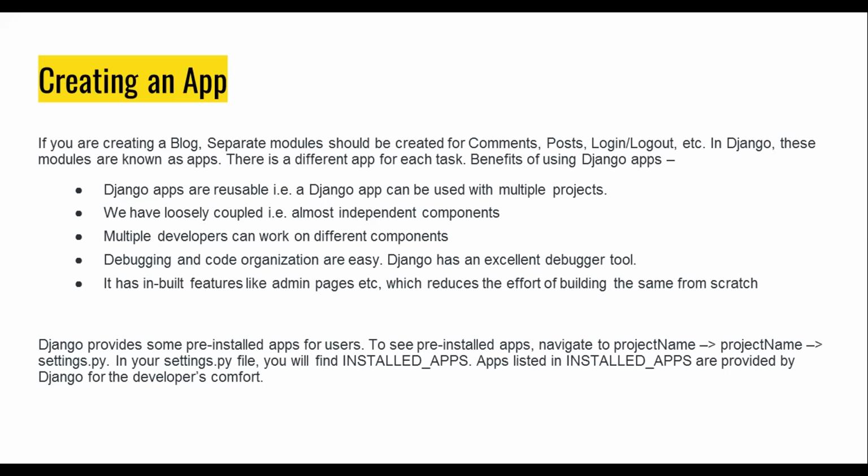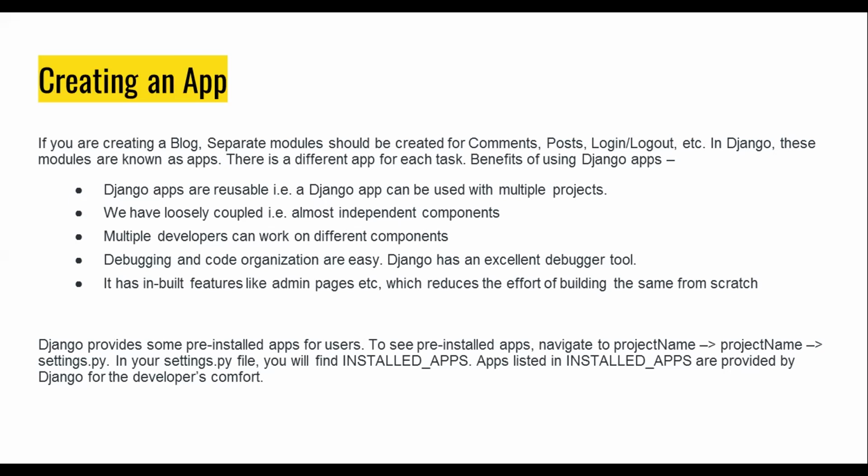That is the concept that we have here: a blog as a project and all these as apps. And these apps are reusable and loosely coupled. So whenever we are developing other projects, we can reuse these apps. Debugging and organization is also easy, and it is somewhat error free.